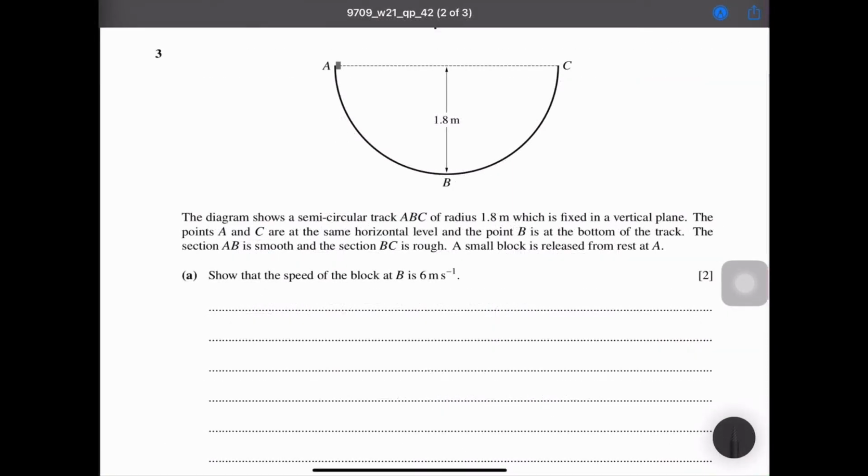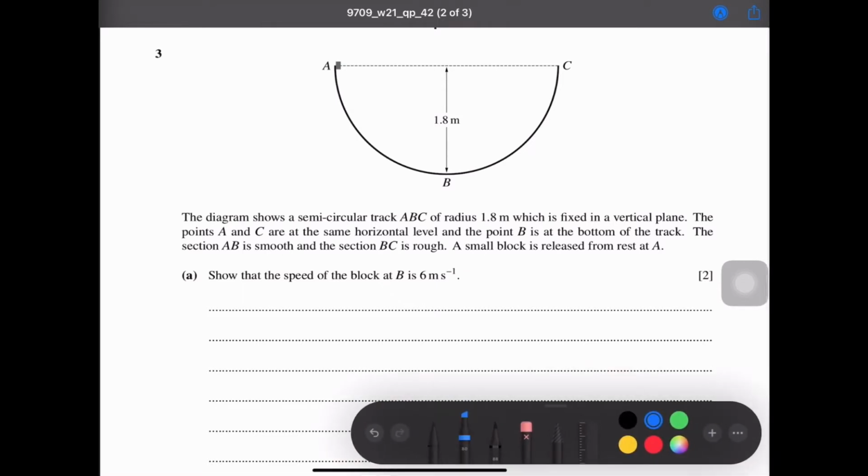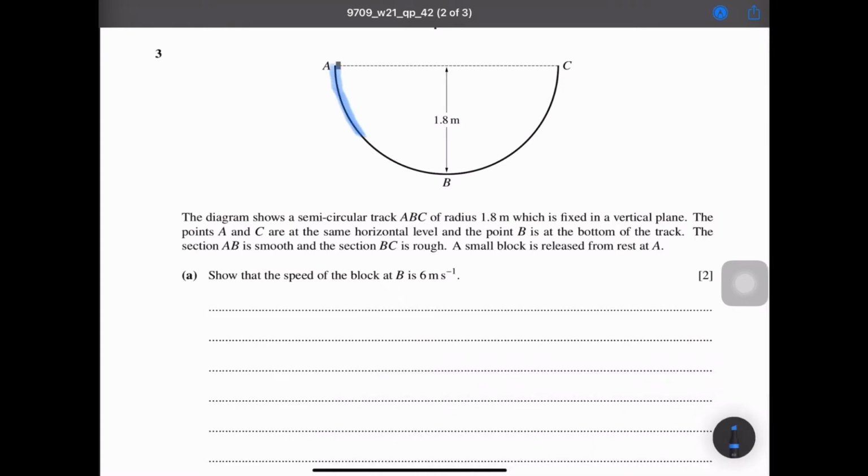The diagram shows a semicircular track ABC. This is the semicircular track. Its radius is 1.8 meter. The points A and C are at the same horizontal level, and B is the bottom of the track.